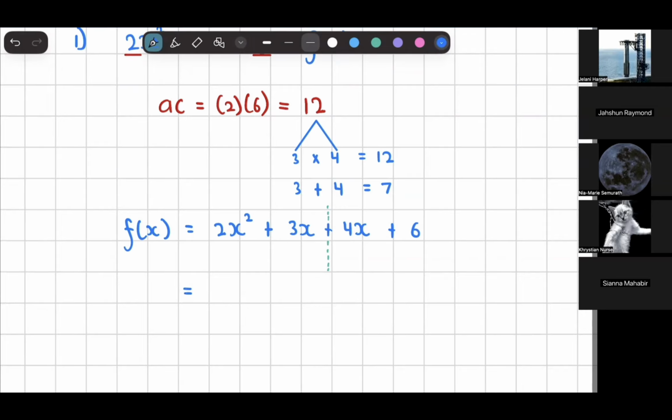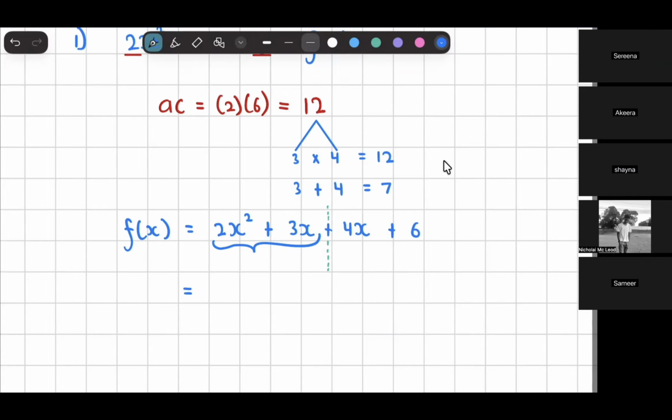So Sheena, if you look at this side over here, 2x squared plus 3x, what is the greatest common factor? Sheena, let me know if you're there. Akira, are you seeing a common factor between 2x squared and 3x?